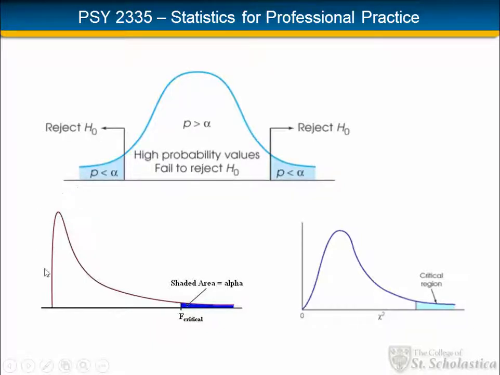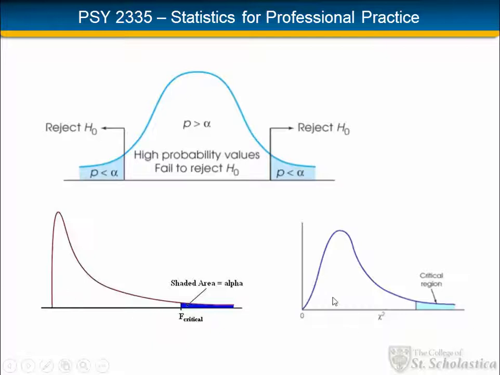When we get to analysis of variance, we'll be using a different curve. It's an F curve, but there will still be a critical or rejection region whose area is defined by alpha. And the same is true with our chi-square statistic when we get to that point. So no matter which statistic we're working with, there will always be an area that's defined as high probability.